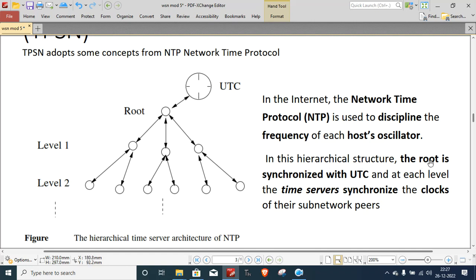The root is synchronized with the UTC, and at each level, level 1, level 2, till level n, there are time servers, and these time servers synchronize the clocks of their subnetwork peers.